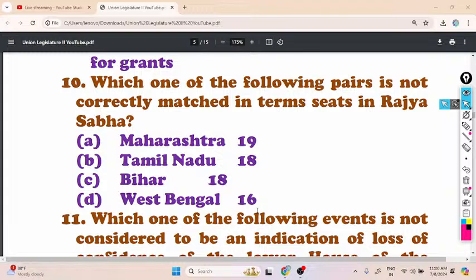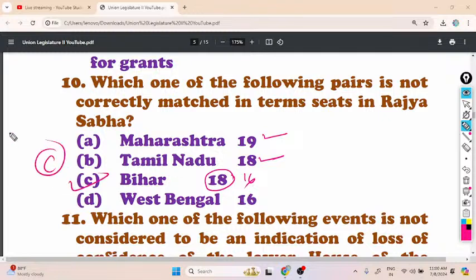Here some states' seats are given. Maharashtra is correct, and Tamil Nadu is correct. Then Bihar sends 16 seats. Earlier it was 21 seats, and by the Bihar Reorganization Act, 16 seats are retained by Bihar and 5 seats are for Jharkhand. So that is incorrect. C will be the answer.